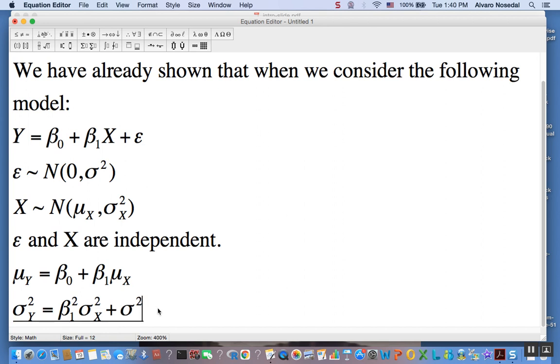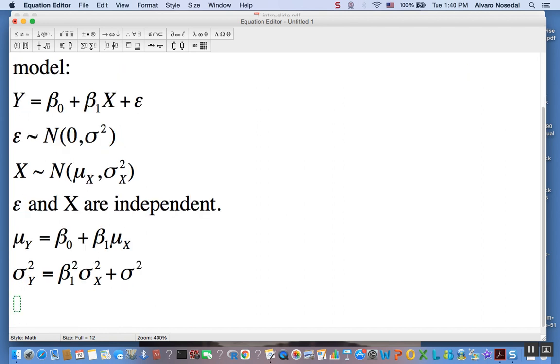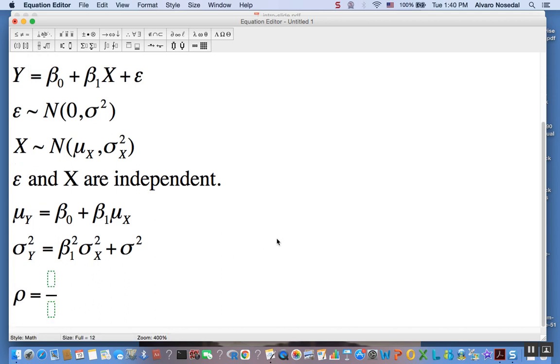Moreover, in another video we showed that rho, the correlation coefficient between x and y, is given by beta 1 times sigma sub x divided by sigma sub y.